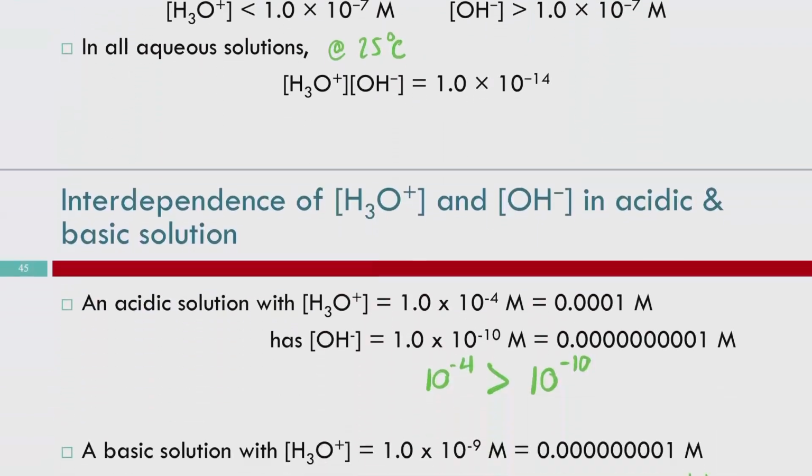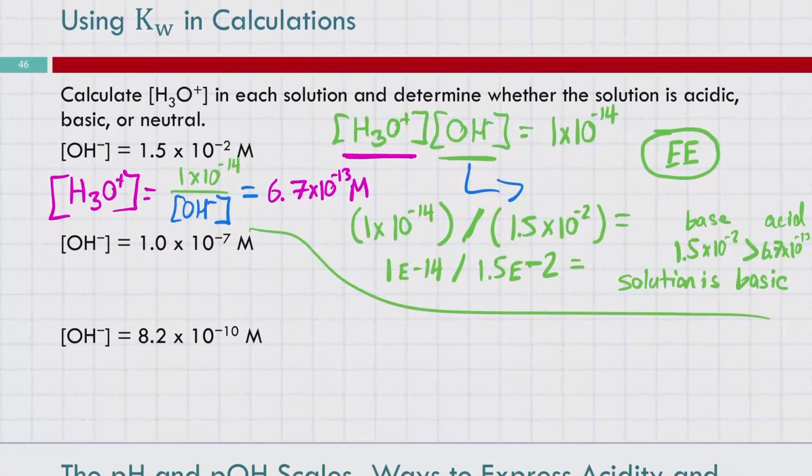That means this is neutral. H3O plus concentration is the same. Or you can also do the calculation. I'm not going to do it, you're welcome to try it. You'll get the same number.